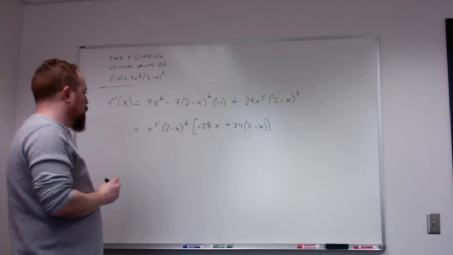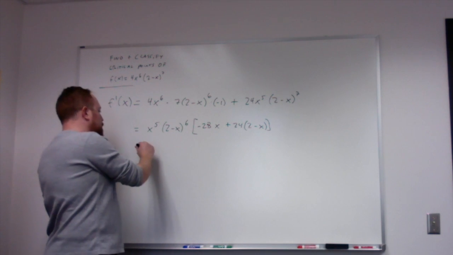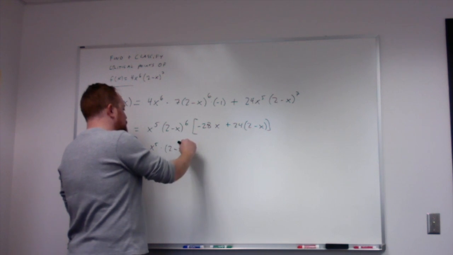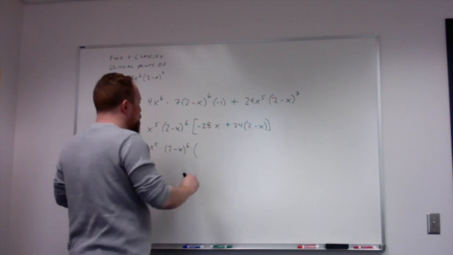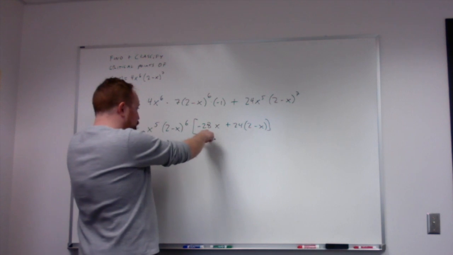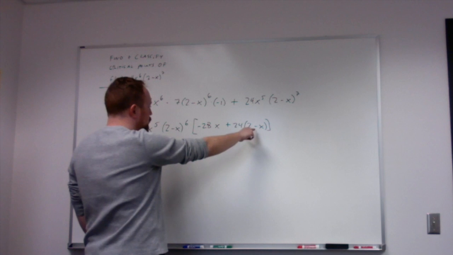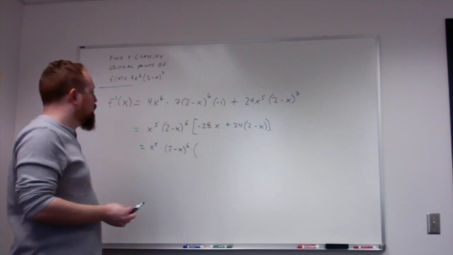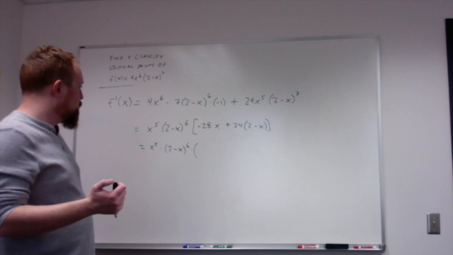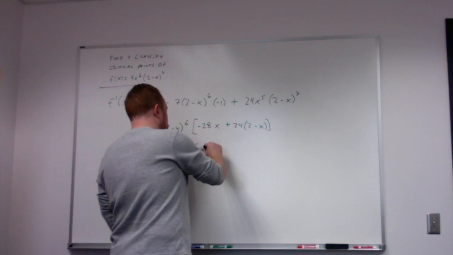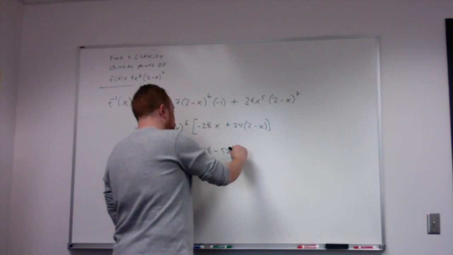So I think that you will agree with me that what we have is x to the 5th times (2 minus x) to the 6th times, let's see, negative 28x plus 48 minus 24 times... should be whatever 28 plus 24 is, 52. So 48 minus 52x.